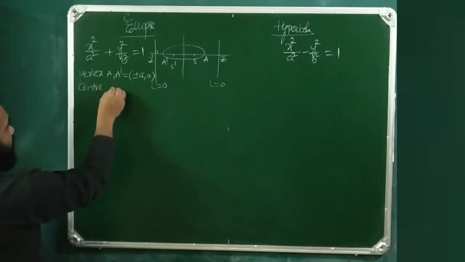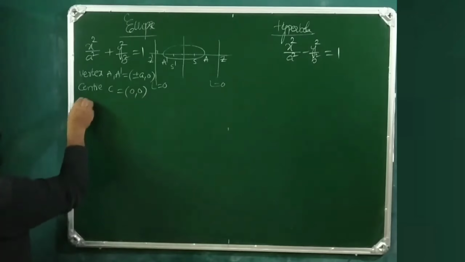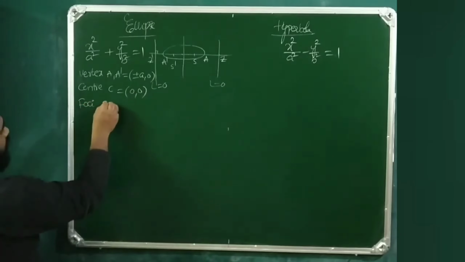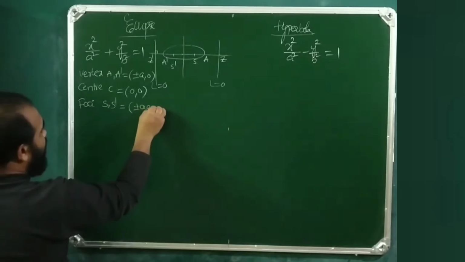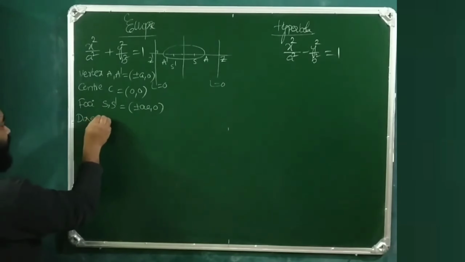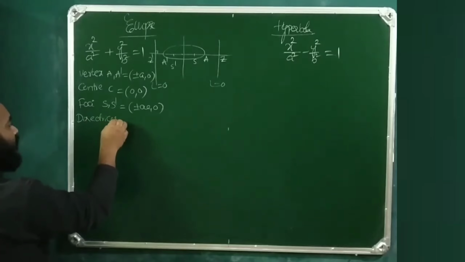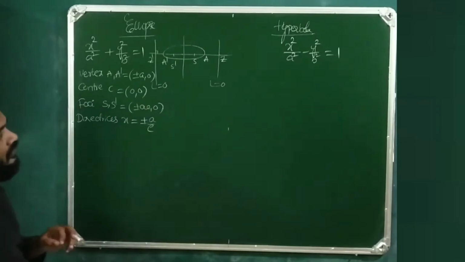Center C is equal to 0, 0. Foci S, S dash are equal to plus or minus ae comma 0. And the equation of the directrices is x equals plus or minus a by e.